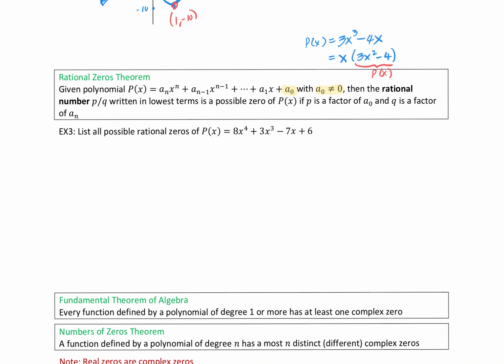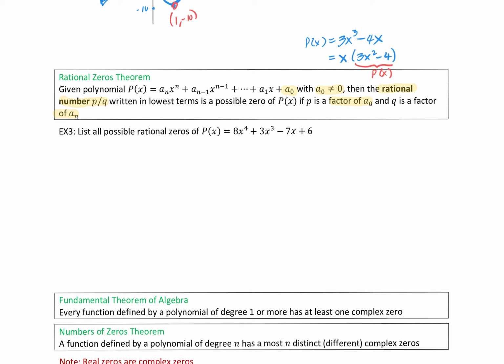If we have a polynomial and the constant term is not 0, then rational numbers of the form p over q could be possible zeros of our polynomial, provided that we look at all the factors of our constant term a sub 0 and all the factors of our leading coefficient a sub n.